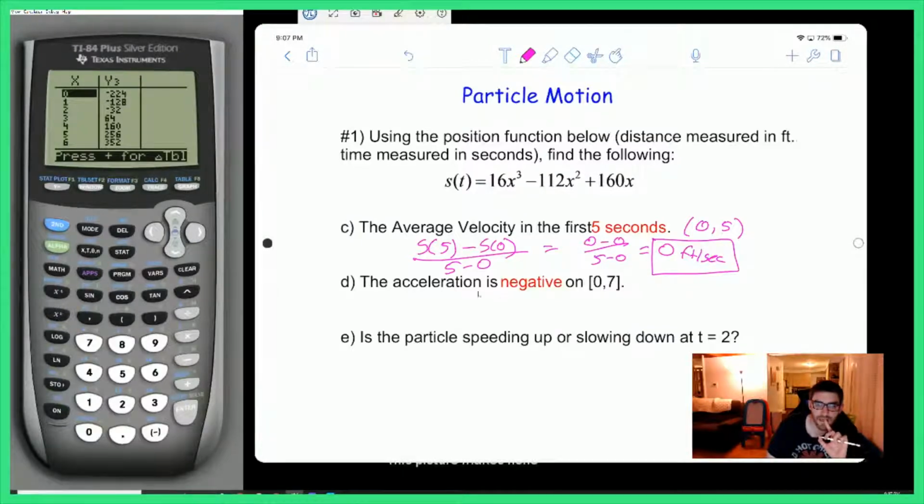It looks like we're going to have to do a bit of work here. We're going to have to figure out what's happening on this interval. It looks like the acceleration is going to be negative to start with, all the way up to 2, and then positive everywhere after that.